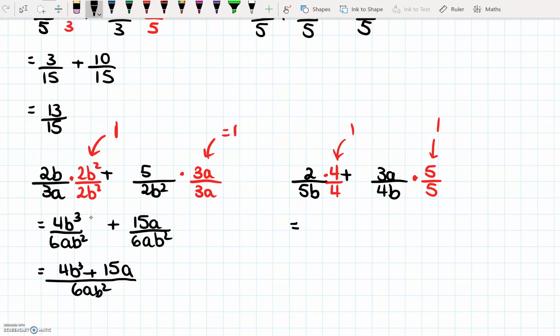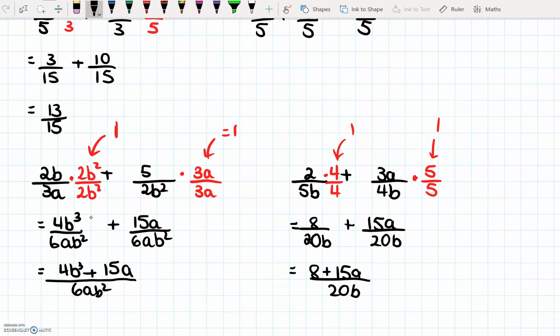So we get 2 times 4, which is 8, over 5 4s are 20b, plus 3a times 5 is 15a over 20b. So we get 8 plus 15a over 20b. And that's our answer. So always remember to check at the end if you can simplify, because sometimes maybe all of these are even numbers, so you can divide them all by 2.